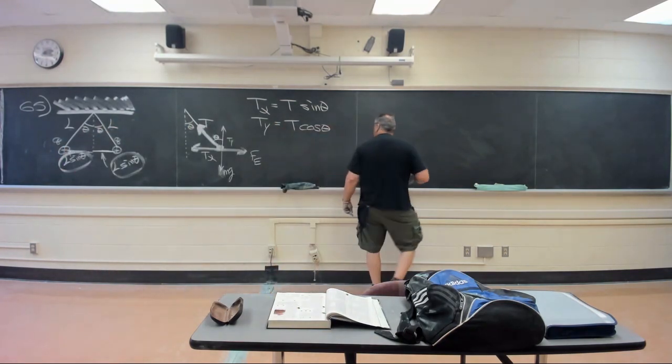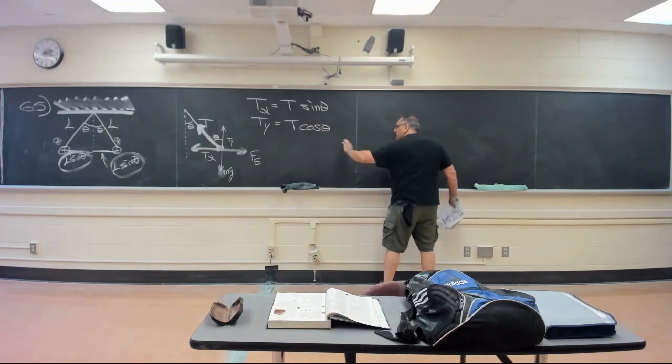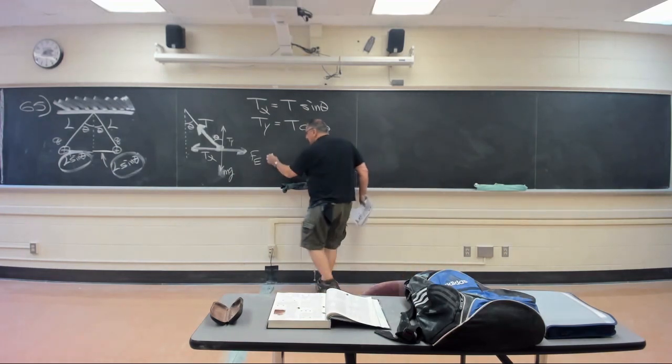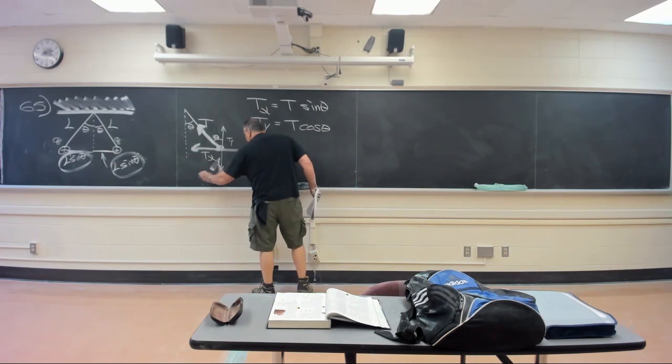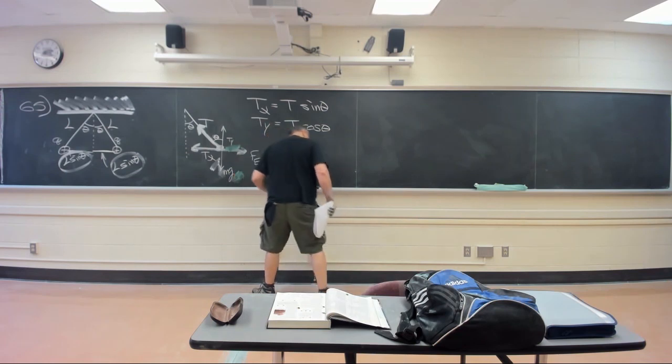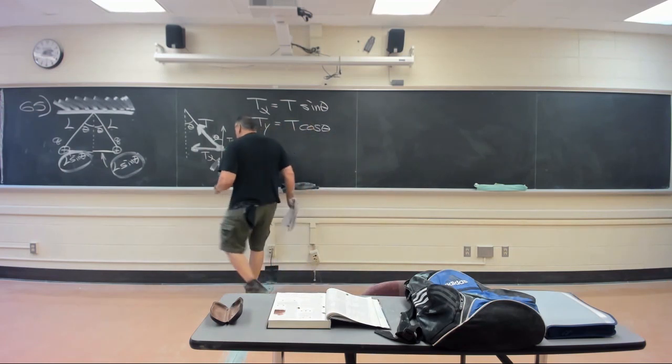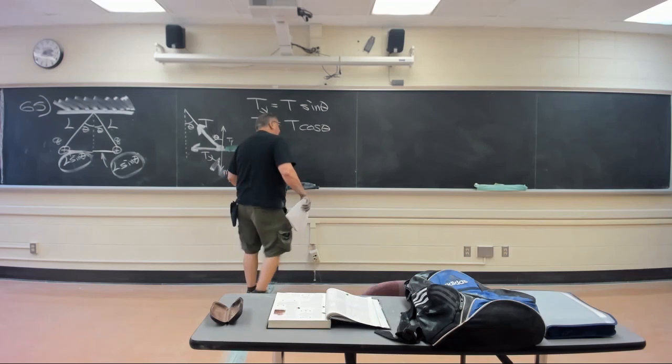What we have is, well, we just said it. Tx equals Fe and Ty equals mg. That's good enough. So we look at it like that.